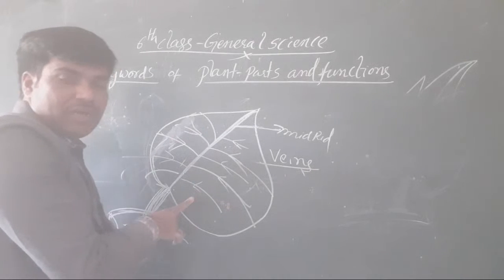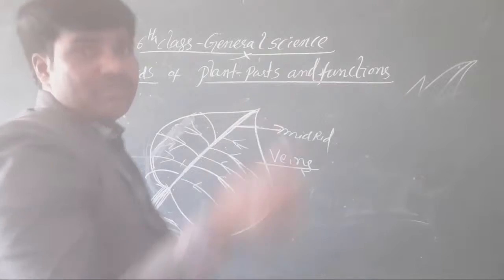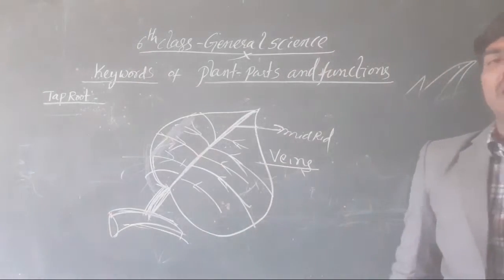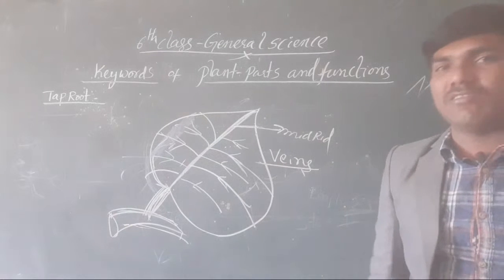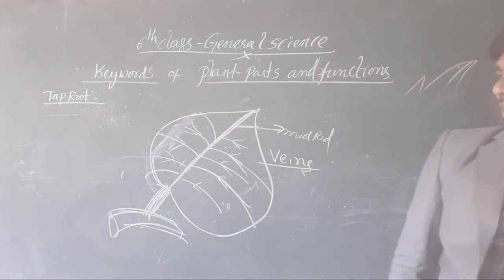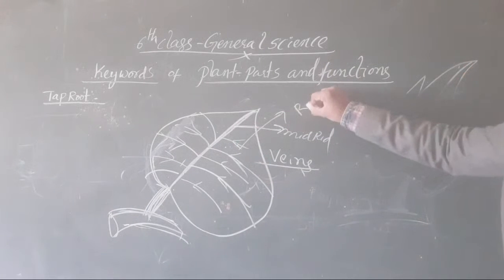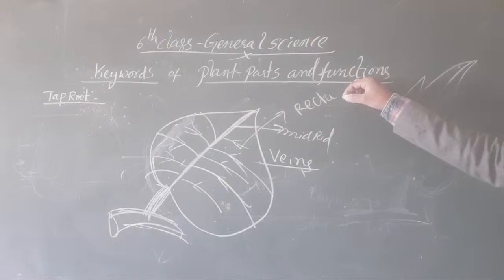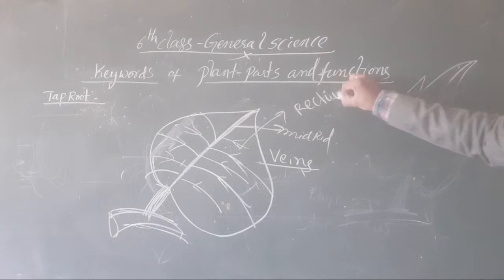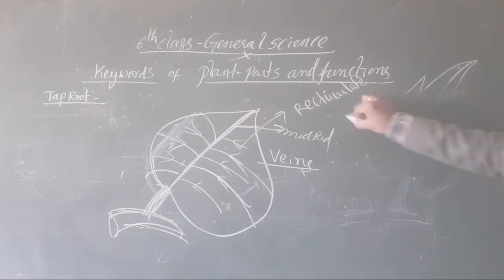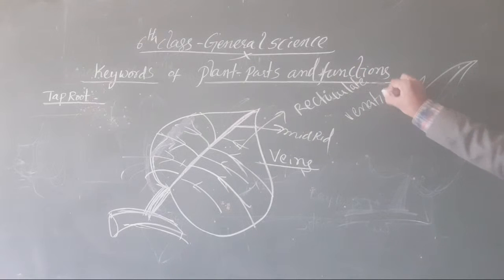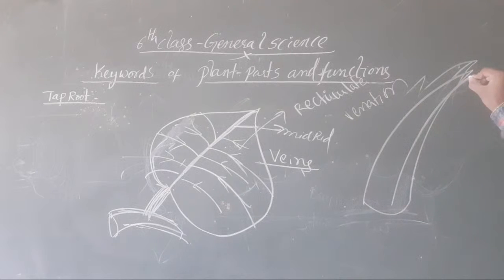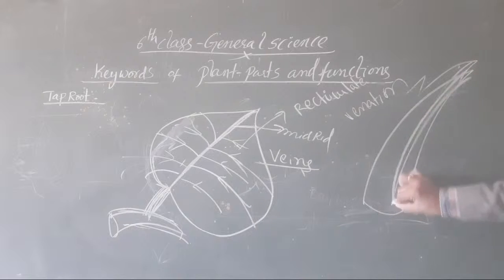This type of vein arrangement on the lamina in the leaf is called reticulate venation.